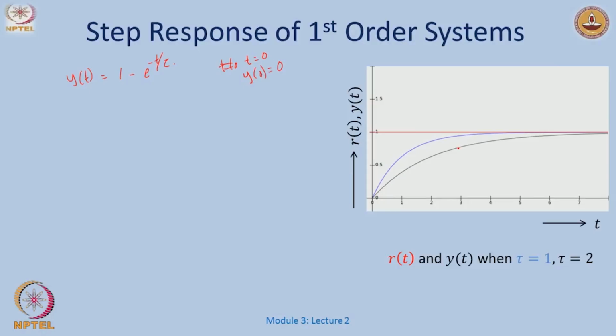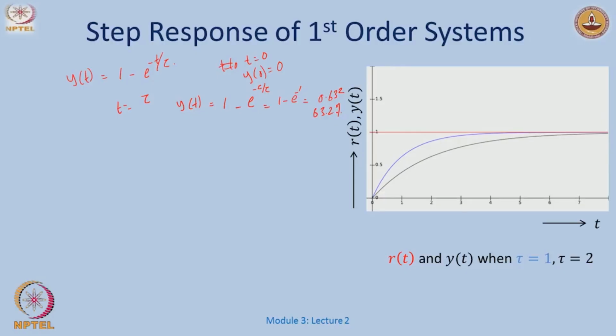At t equal to the value of the time constant, y of t is 1 minus e power minus tau over tau, so I am looking at 1 minus e power minus 1, which is about 0.632, or 63.2% of the final value.